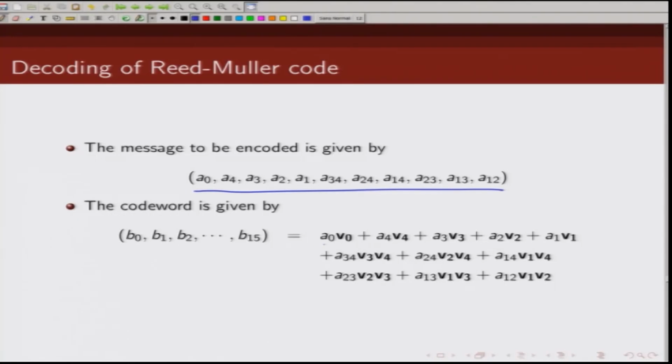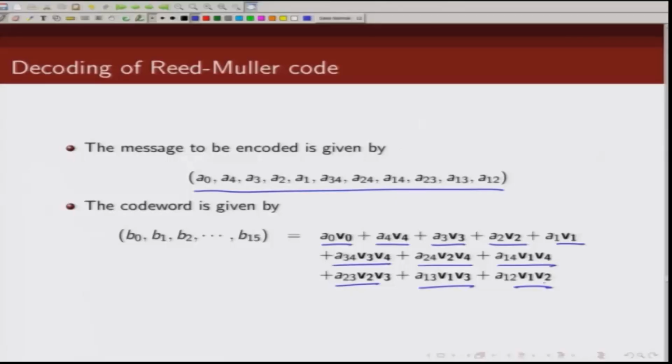We denote that by A0 V0 plus A4 V4, A3 V3 and similarly A34 V3 V4, A24 V2 V4. So, this is a linear combination of these 11 rows of the generator matrix. That is how we will generate our code words. So, this 16 length code word is basically a linear combination of these rows of our generator matrix.